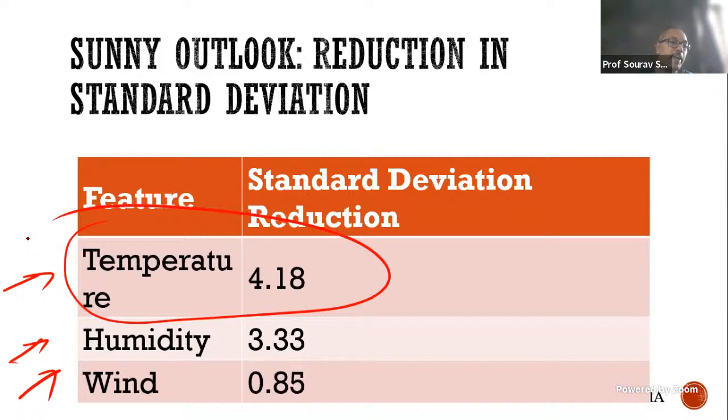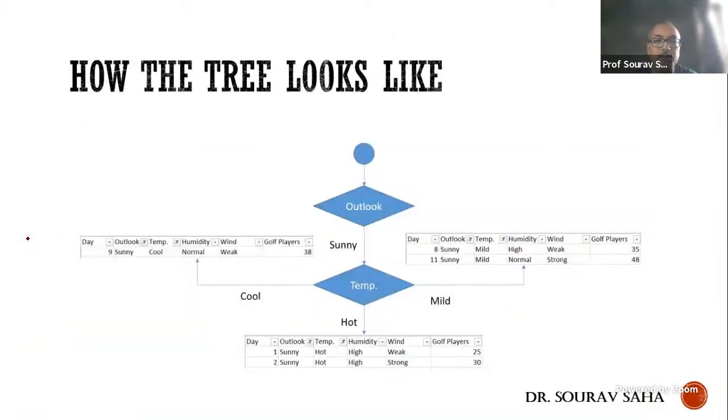So here, if I split by temperature, I'm reducing the standard deviation more and more, to 0.18. Okay, my outlook sunny, I have split via temperature: temperature cool, temperature hot, and temperature mild. See here, I'm left with only one record, then two records.